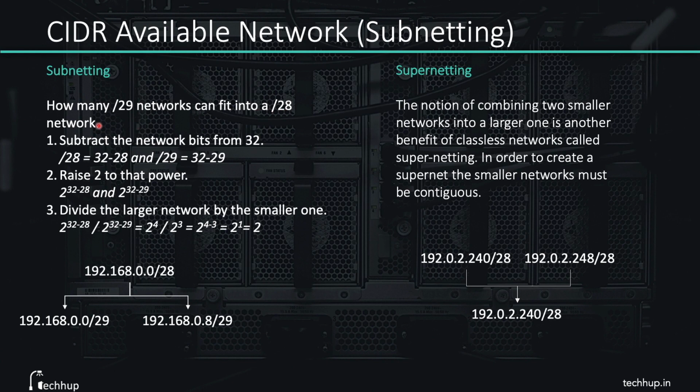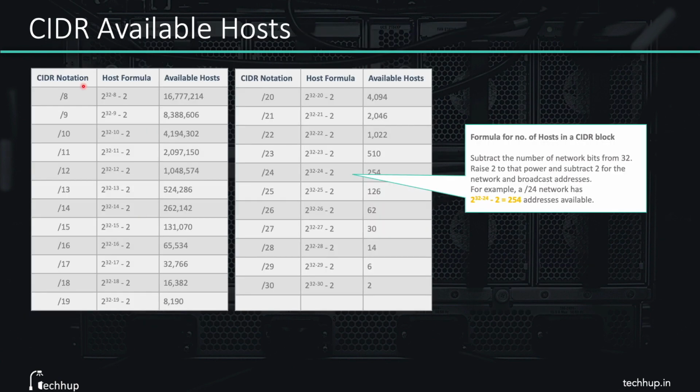In order to understand this question better, let's move over to one of the slides we used earlier. As you can see from this table, the range for a CIDR notation can start from /8 and go up till /30, wherein /8 is the largest network and /30 is the smallest network.